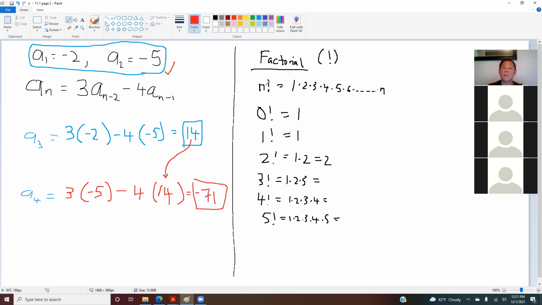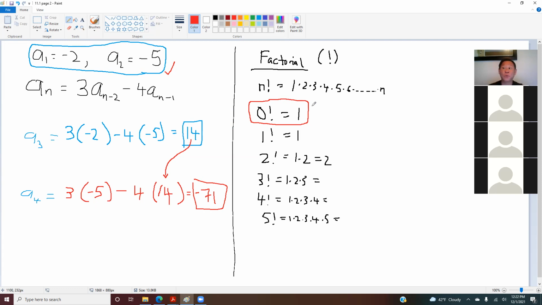Okay, so that means you stop at n. So this number determines where you stop. A very special rule about factorial is that 0 factorial in this case is 1. Okay, this is kind of like a fact or a formula. A lot of people think 0 factorial is 0, but unfortunately 0 factorial is 1.